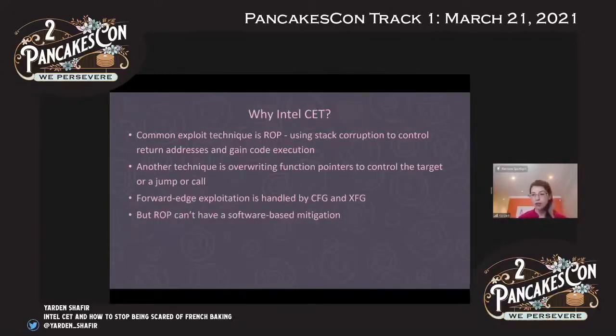Microsoft did try to do that. It didn't really work, so they got rid of that. It was called RFG for a while. But now we can have a hardware-based solution for that. And because it's a hardware-based solution, it's not as vulnerable to race conditions or to other things that software-based solutions have.